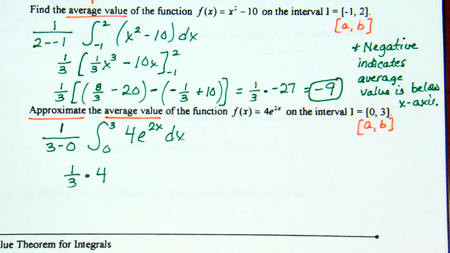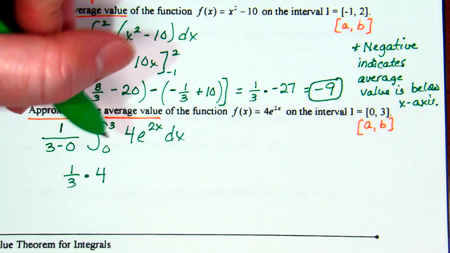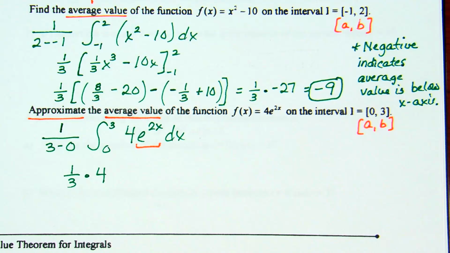Okay, so out front we have a 1/3. I'm going to go ahead and write down the 4, because that 4 is a 4, right? And then that just means that I am integrating e to the 2x, is all my brain has to comprehend right now.